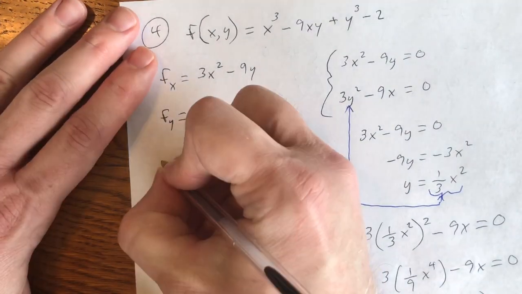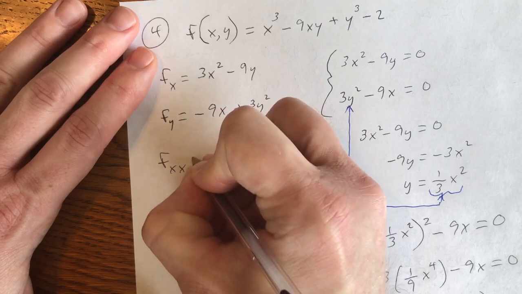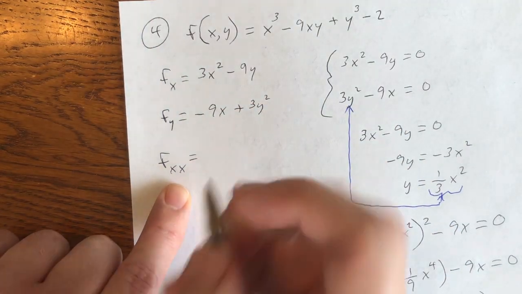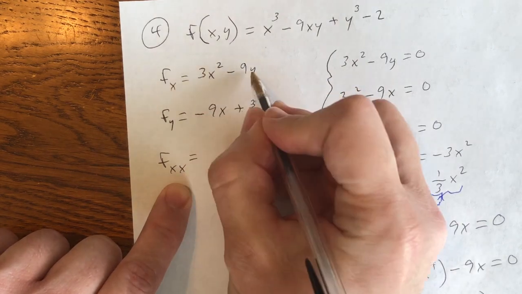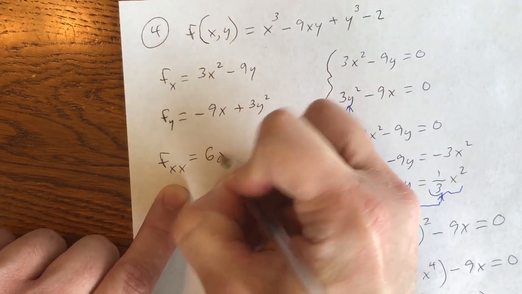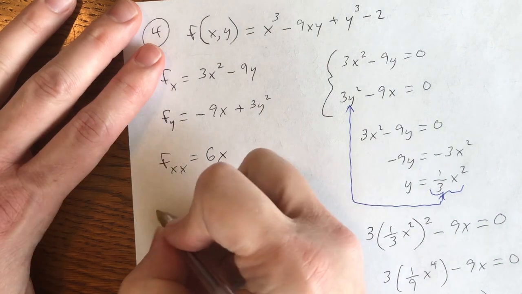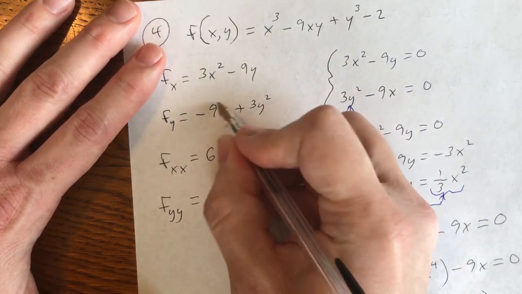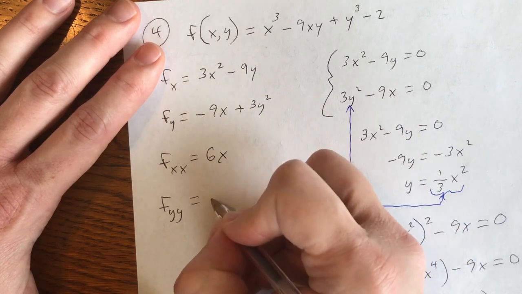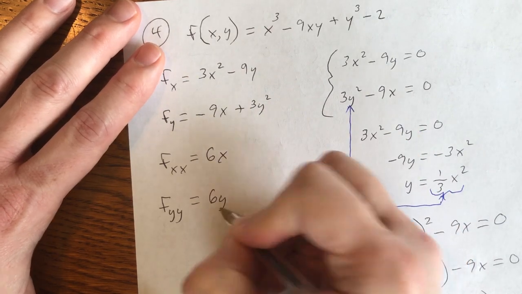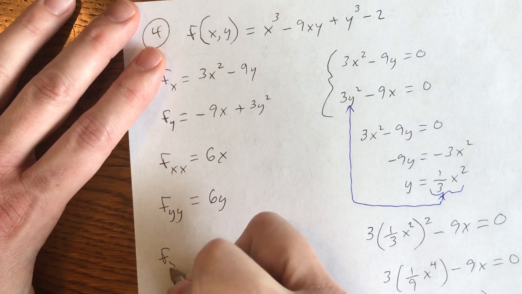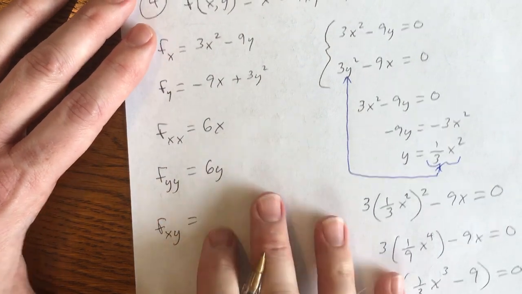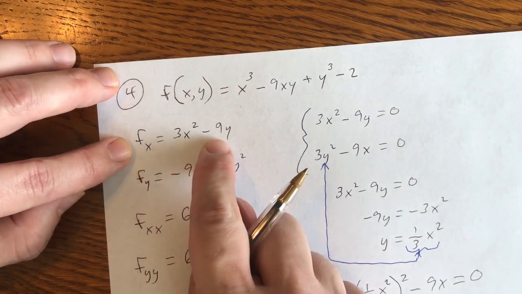All right. So we get f sub xx, second partials with respect to x would be what? Look at this. That would generate a 6x. The second partial with respect to y, that'd be giving us a 0. This will be generating a 6y. And now the first with respect to x, second with respect to y would be equal to what? Well, look at this one.